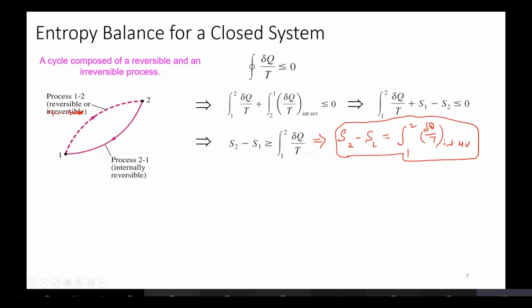But if it is not a reversible process, that means S2 minus S1, the change in entropy for the process, should be greater than this expression. Clear? Or I can write it in this way: S2 minus S1 would be equal to the integral of 1 to 2 del Q over T for an internally reversible process, the change in entropy for an internally reversible process, plus some constant, if it is an irreversible process.